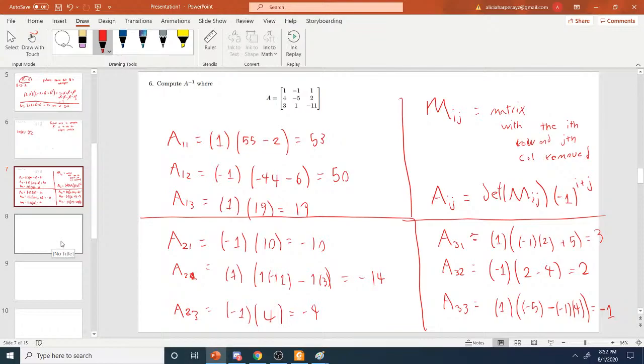So, here is what you need to know. We have the following relationships.